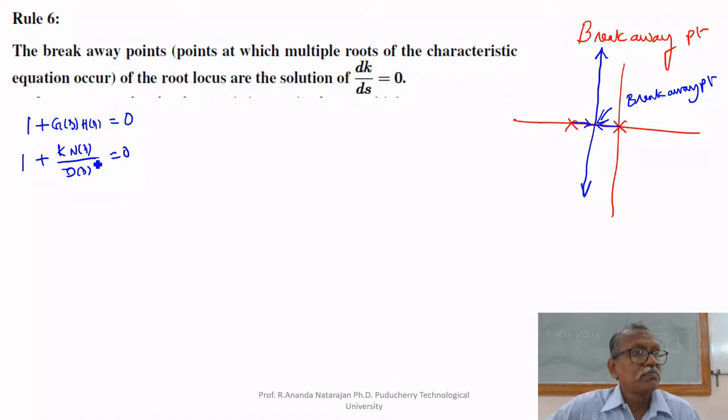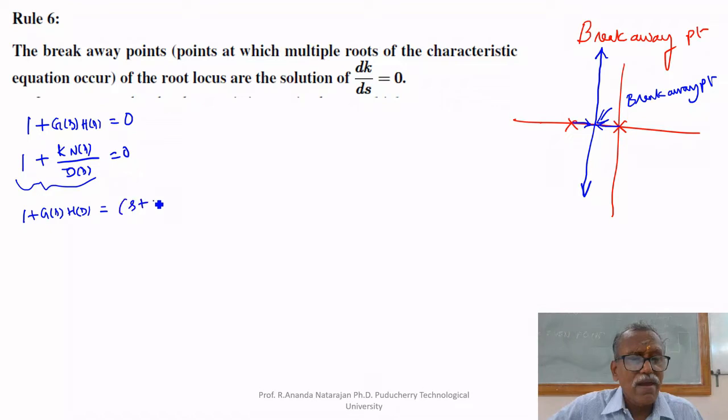Suppose this characteristic equation, 1 plus G(s)H(s), is written as (s plus b) to the power r multiplied by X(s). The characteristic polynomial is written like that.